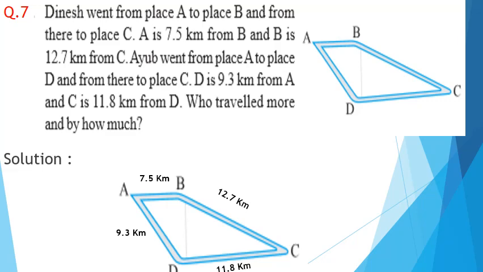So to find how much distance Dinesh traveled, we can get it from A to B plus B to C. That gives A to C. Similarly, Ayub also traveled from A to C, on the opposite direction, that is from A to D plus D to C. That also gives A to C.